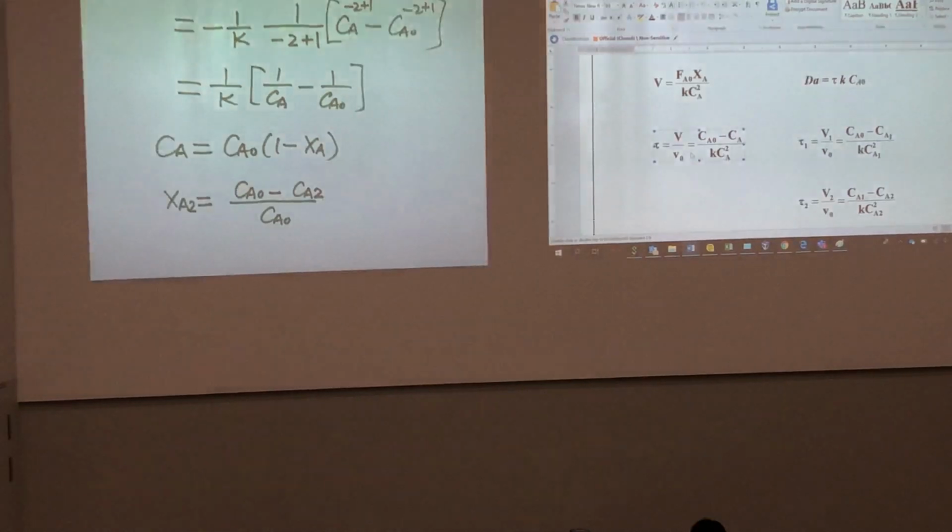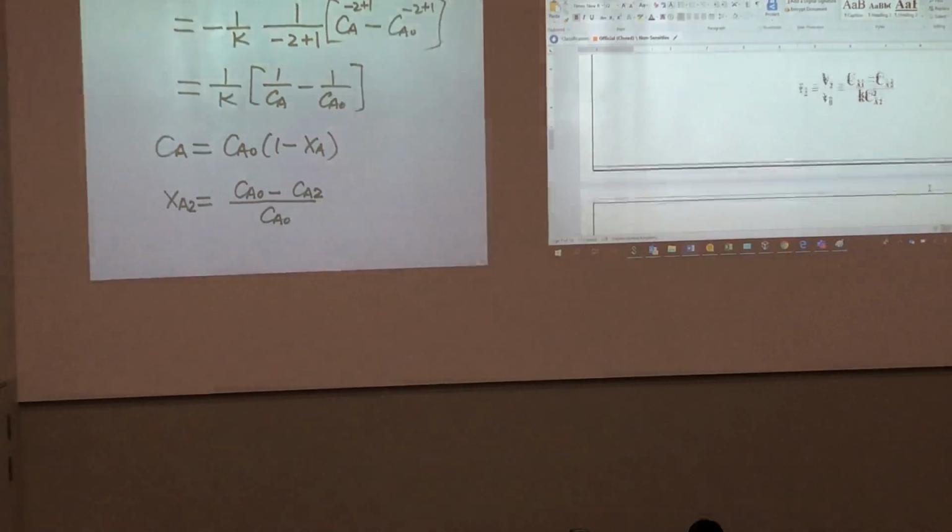You just need to do it for a single CSTR, which I showed you already, how to get here. Then you substitute k CA1 squared for the first reactor. For the second reactor it is CA1 minus CA2, then k CA2 squared. So this one also follows this way.